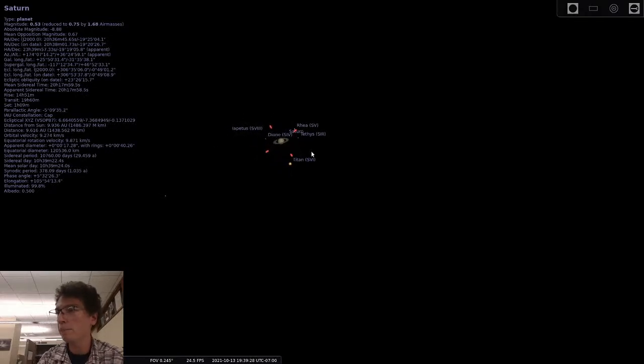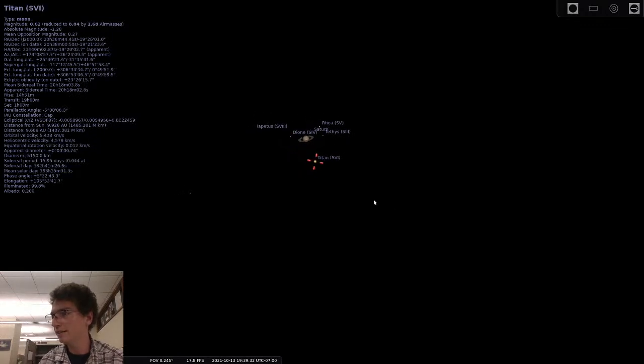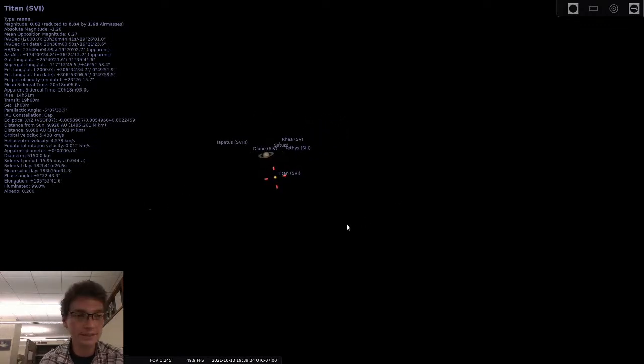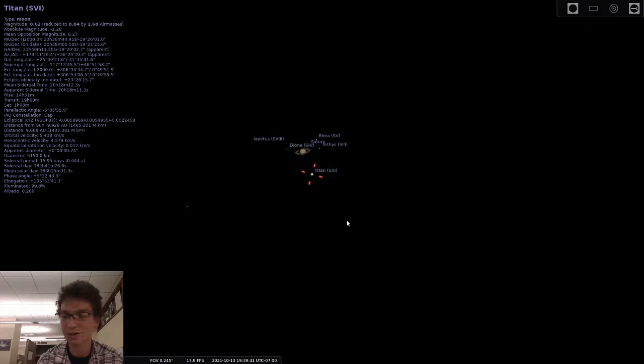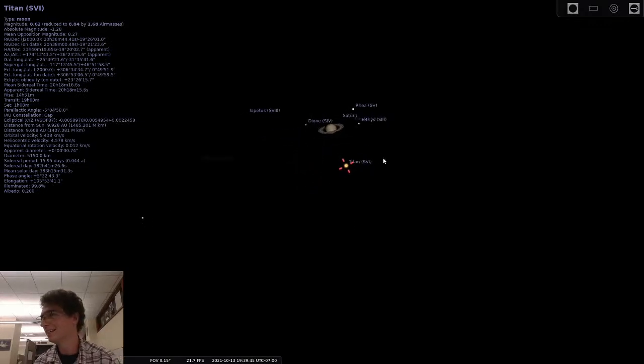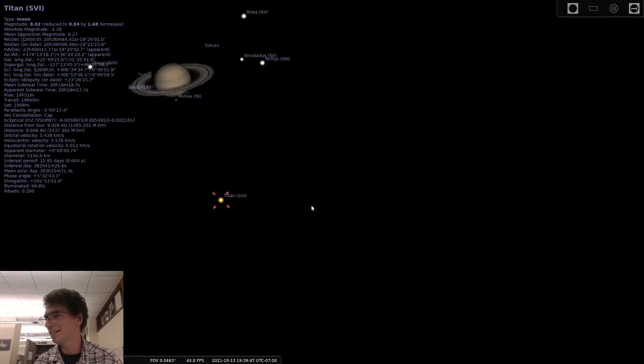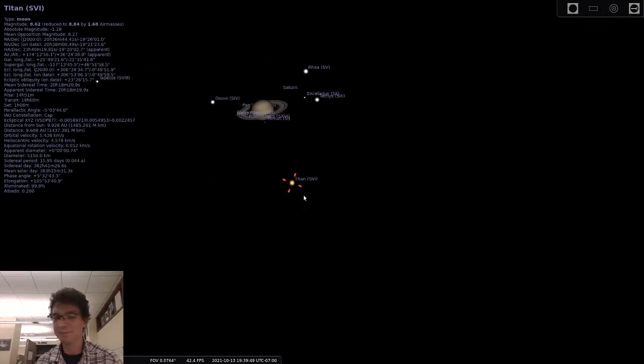You can even see a gap in the rings, and you can maybe see a couple of the moons. Titan is the one that's easiest to see, and Titan is a really cool moon too, because it has an atmosphere that's actually thicker than the Earth's. Although again, it's cloudy and hazy, so it's kind of a pain as far as observers are concerned.